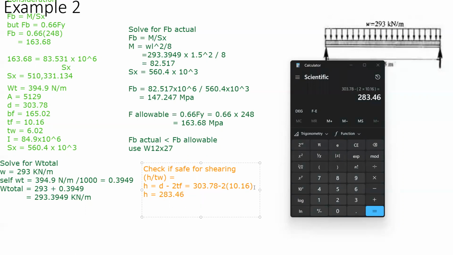And then the next thing we do is put that in our formula. So this is 283.46 divided by TW, that is 6.02. And we have 47.86.